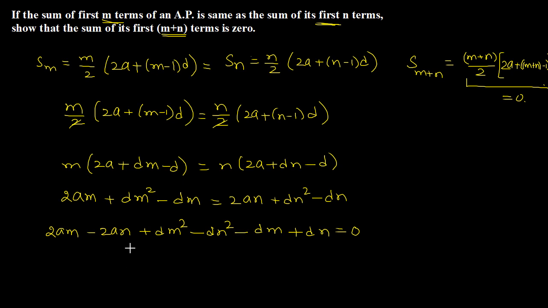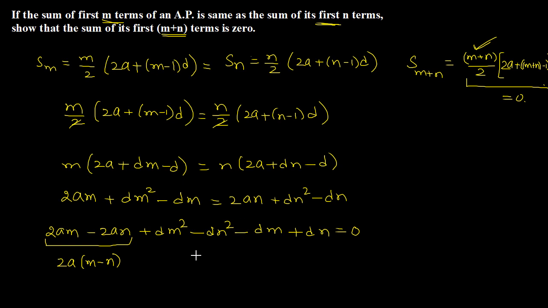So what can we take common out of this? If I group this, I get 2a (m minus n). Here I'm getting m minus n, but they have asked for m plus n, so just keep in mind how we need to keep track of our final answer.